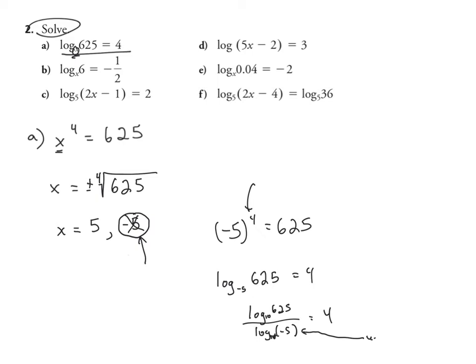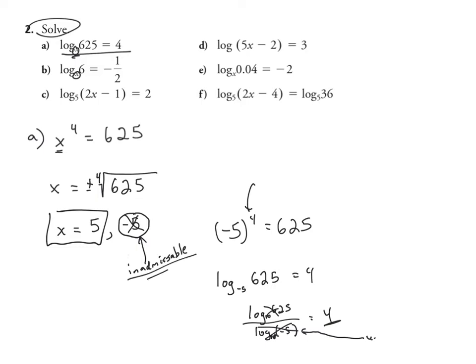This would be an undefined number here. So this would actually not work for us, and it would no longer equal 4 using the set of real numbers. So everything falls apart, and for this course, we're just going to stick to bases that cannot be negative and cannot be 1, right? So in this case, we're just keeping the answer of 5, and we're calling negative 5 inadmissible.